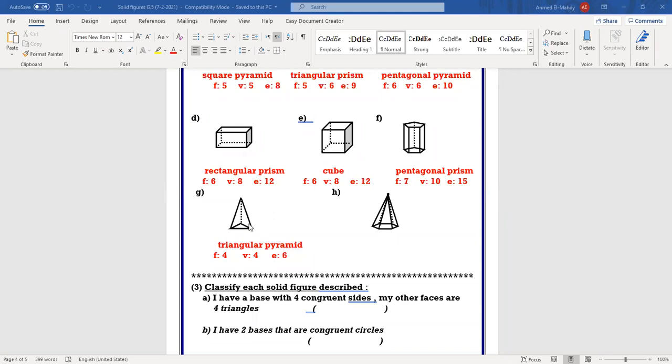Here we are in H yesterday. We stopped at G here. I want to know what is the name of this solid. This solid firstly is a pyramid, and the base here is hexagon. It has 6 sides. For that, this will be hexagonal pyramid.